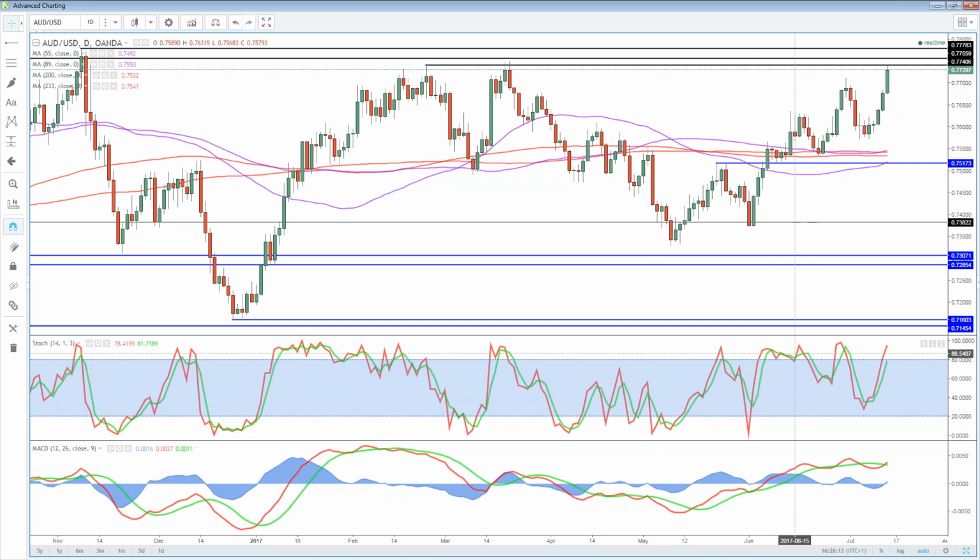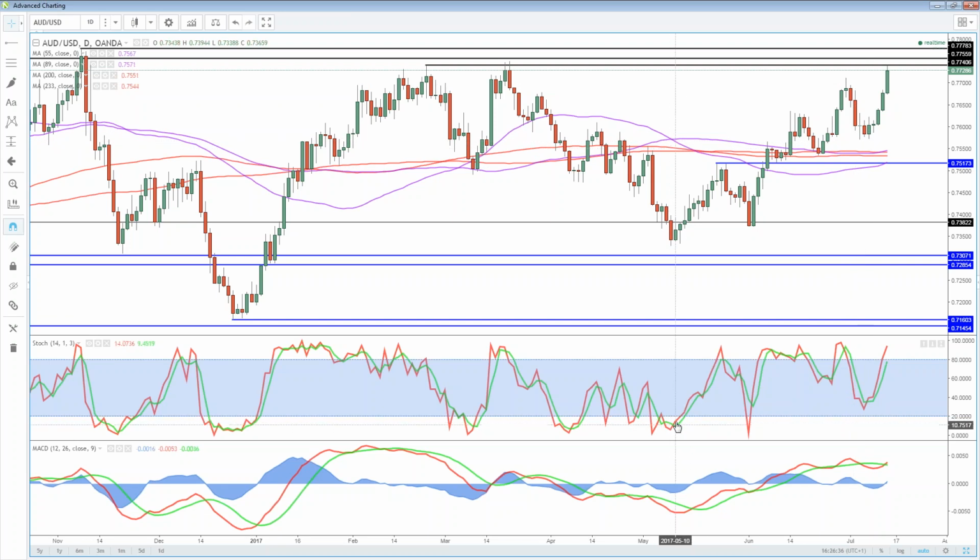for example, with the stochastic, when the lines cross, so for example, taking this point here, when the lines cross out of overbought territory and the lines cross each other, that is seen as a bearish trigger, a bearish signal, as you saw here, which followed with a downward move in price action. The same could be said here.